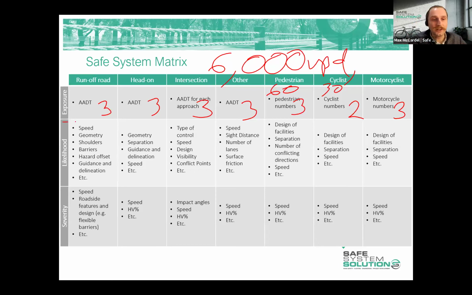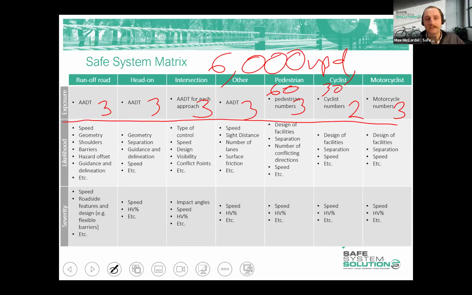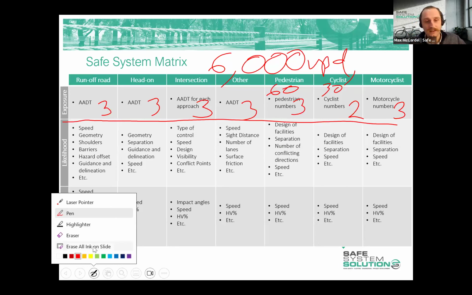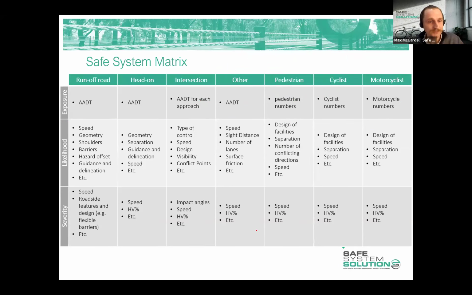So we'll look at likelihood now. Actually, I'm going to ignore those numbers because I don't like too much text going on the slide. So I'm just going to delete them so we're working with something fresh. The way that we examine our likelihood is we would separate each of these columns into factors that increase the risk of and factors that decrease the risk of.